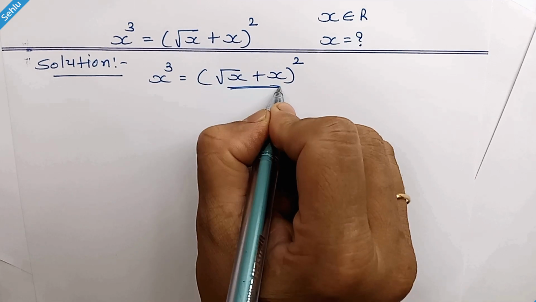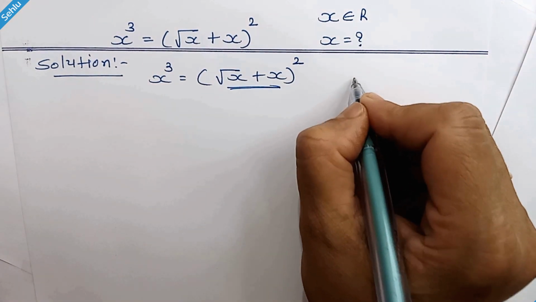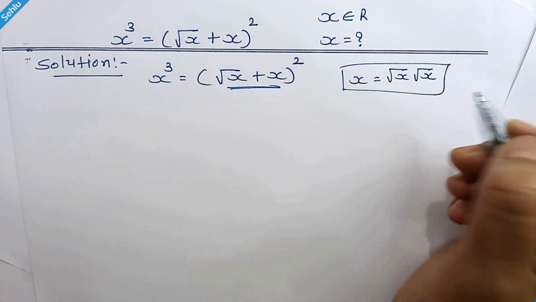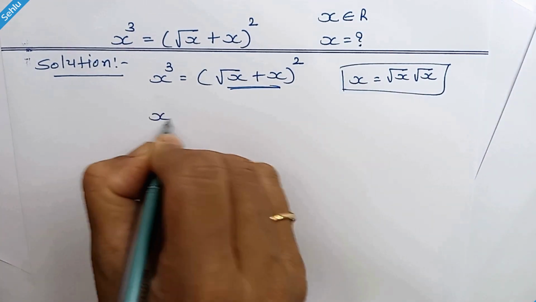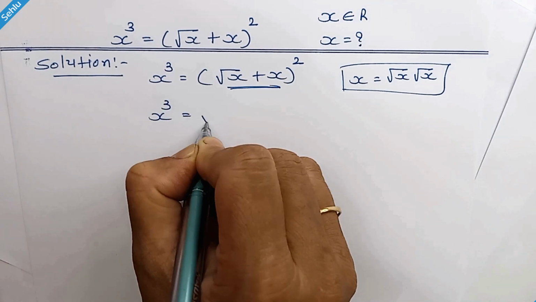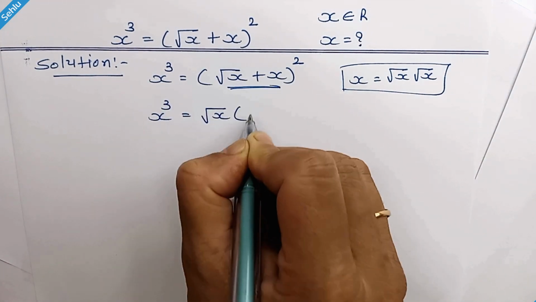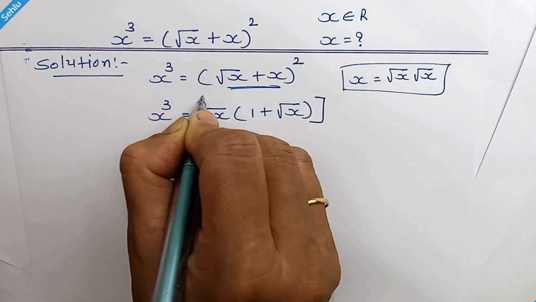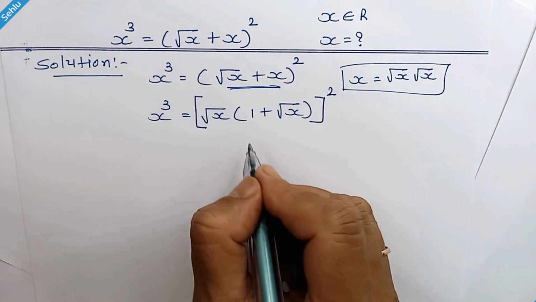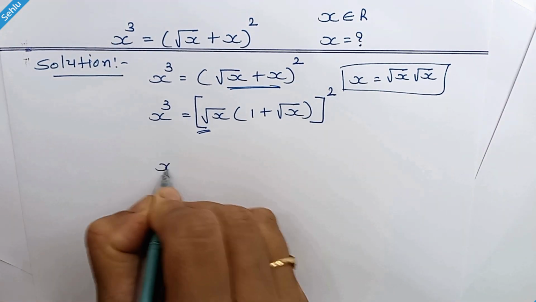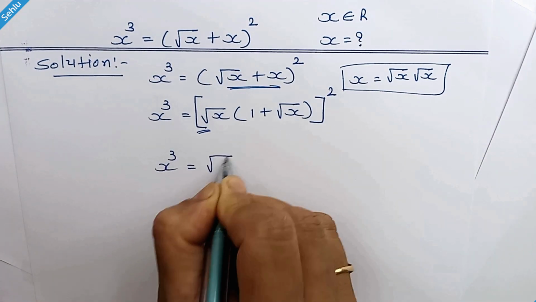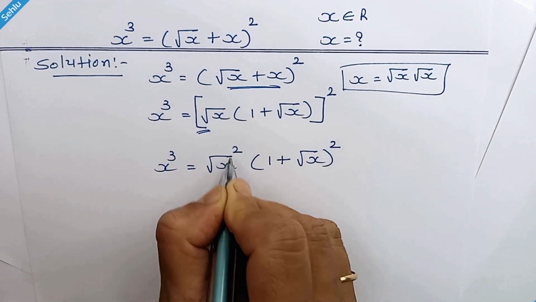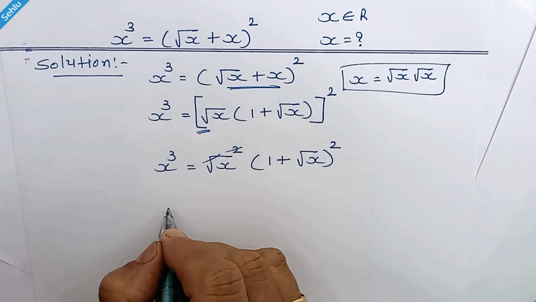From this part, we can factor out square root of x, because x is square root of x times square root of x, right? So we can write x cubed is equal to, opening this bracket, so it will be square, and square and square root will be cancelled.